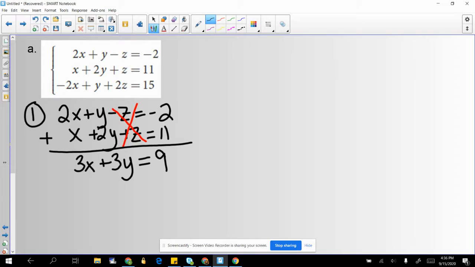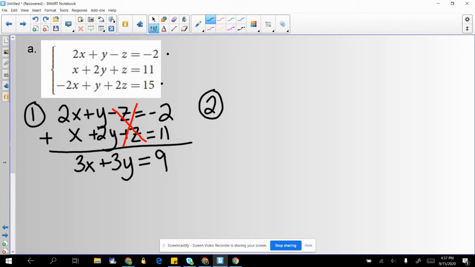Okay. And I'm going to leave that for now, but remember in step 1, we did the first and second equation. Now in step 2, and I'm going to write that right here, we need to do the first and third equation.